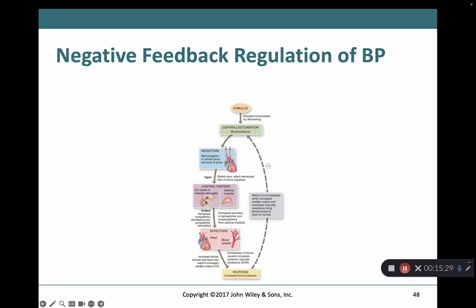This would alert the cardiovascular center in the medulla and the adrenal medulla to increase our sympathetic and decrease our parasympathetic stimulation to increase our heart rate. The adrenal medulla would secrete epinephrine and norepinephrine, which would cause constriction of the blood vessels, and this would increase our systemic vascular resistance. Both of these things would increase our blood pressure, and then hopefully we return back to homeostasis and these things can be turned off.